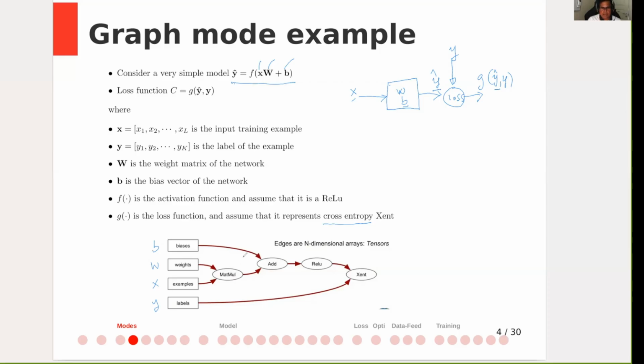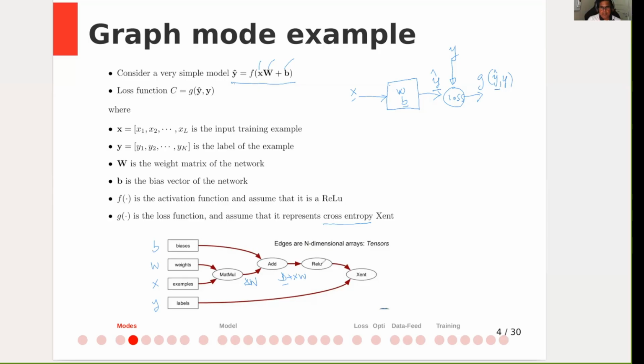After the matrix multiplication operation, matmul, you get the output of X times W. And then you have the biases, and you add the bias to the result of the matmul operation. Then you get b plus XW here.